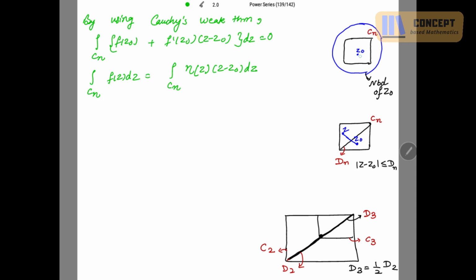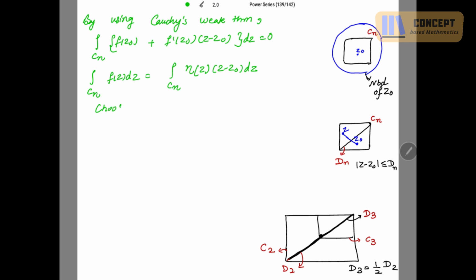Suppose this is your point z naught in Cn. Now you take your n to be so large, C1, inside it C2, then C3, C4, C5, C6 and so on, and take it so large that if we make a neighborhood of z naught, your rectangle falls inside this neighborhood, so that this rectangle Cn is contained in the neighborhood of z naught.